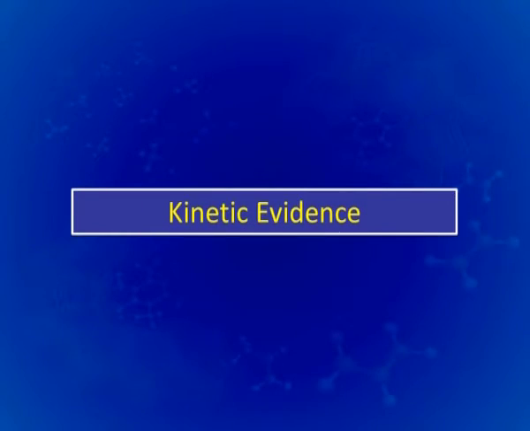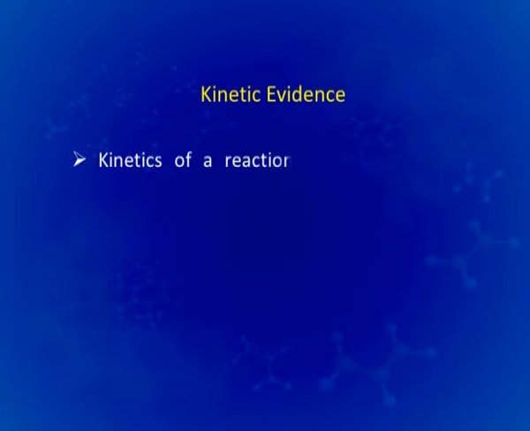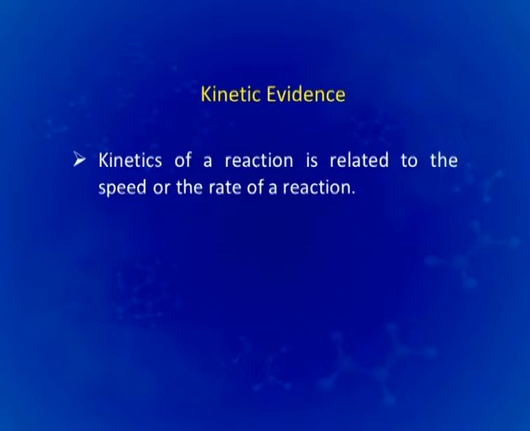Kinetic evidence is another method by which we come to the identification of a reaction mechanism, and you know that kinetics of a reaction is related to the speed or the rate of a reaction. The speed and the rate of the reaction also depends upon the concentration of the reactants and products.